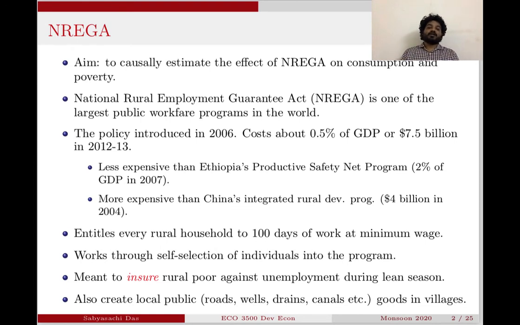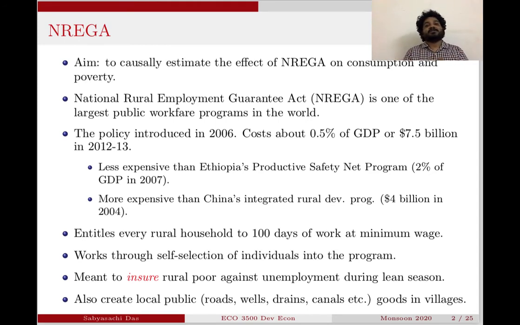What are the kind of works that we are talking about? These are local public goods creation works in villages of India. So even though it's a central government program, the program is actually implemented locally by each village panchayat. Okay?